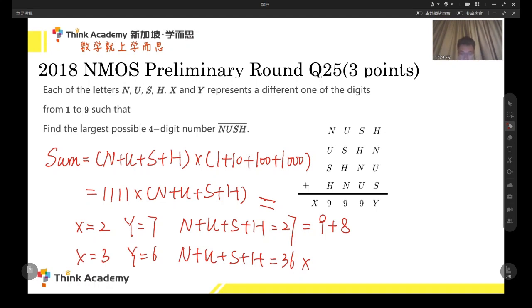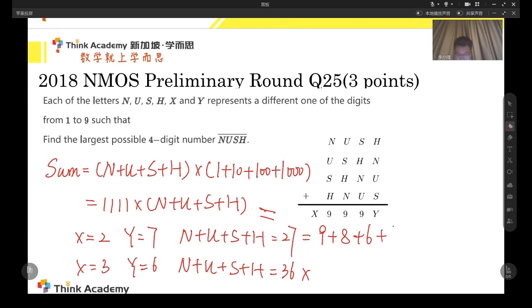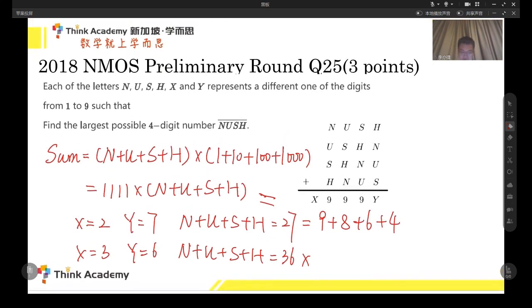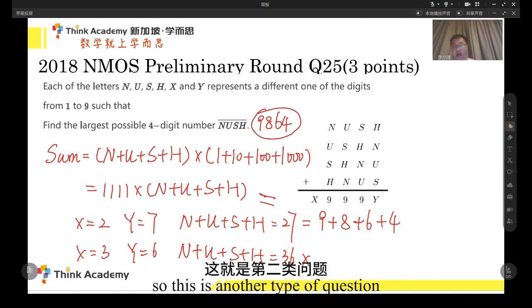So 7 is taken, and s can only be 6. Then we calculate this out. So this is 17, 23, and plus an additional 4 here. So the largest possible number of NUSH is then 9,864.